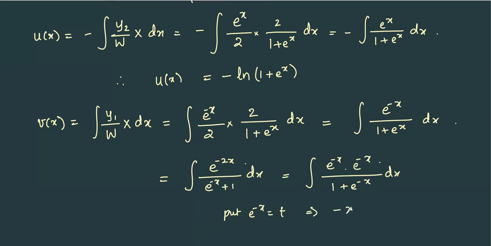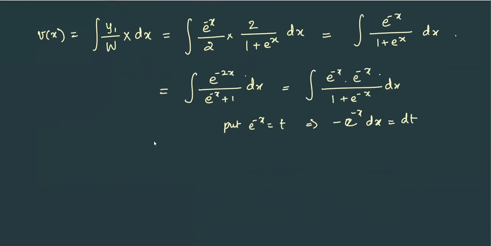So minus e power minus x dx is equal to dt. So therefore this integral becomes, take one of them as t, and then this becomes minus dt by 1 plus t.